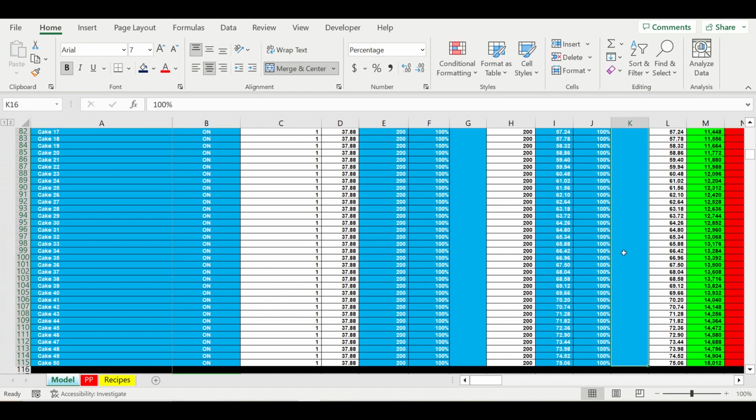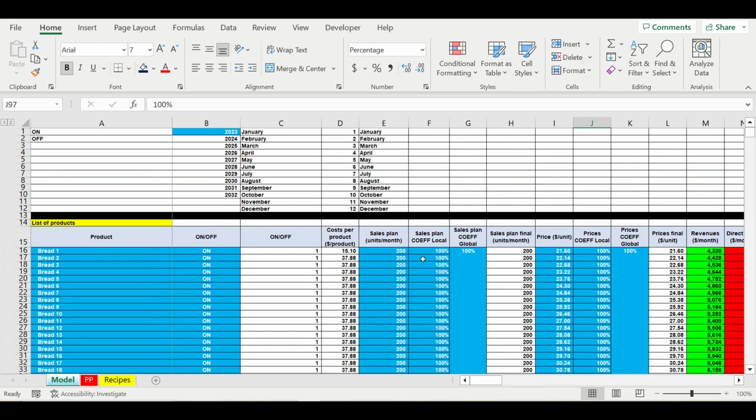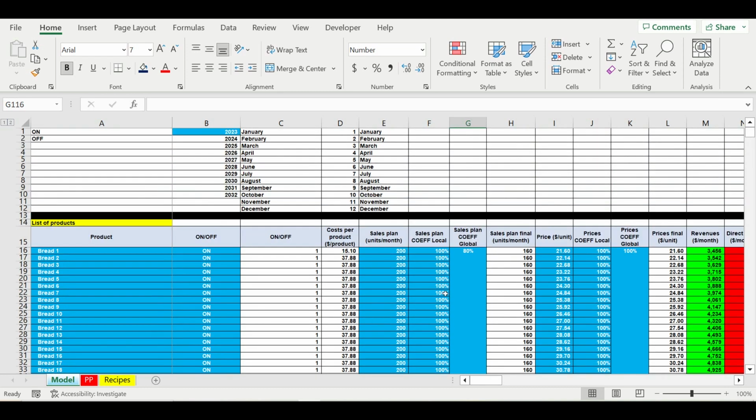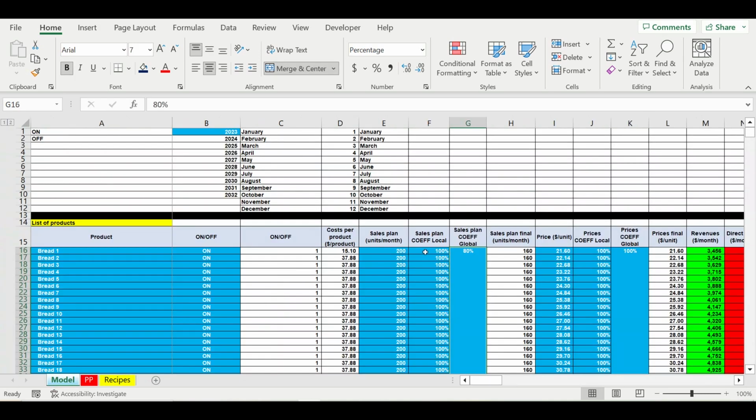So for example, when we want to test some scenario, for example, what would happen to the project if the sales plan decreases by 20%. We will take only 80% of the current sales plan. We can use this global coefficient, go to the payback period diagram, and see how the payback period is displaced. Or let's say it will be 70% of the sales plan.